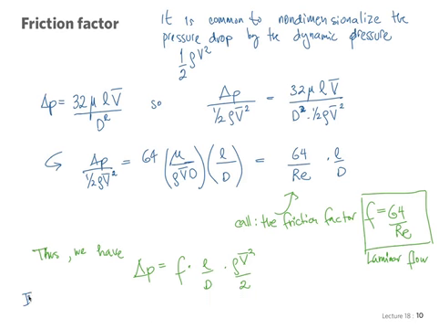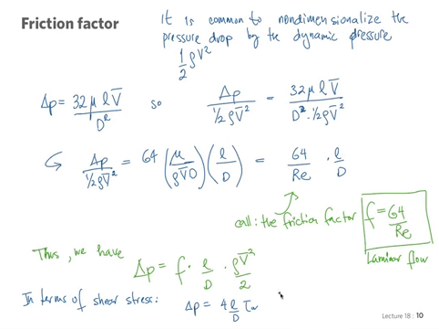In terms of the shear stress, we had delta P is equal to 4 L over D times wall shear stress. That's one of the expressions we had a couple of slides back.